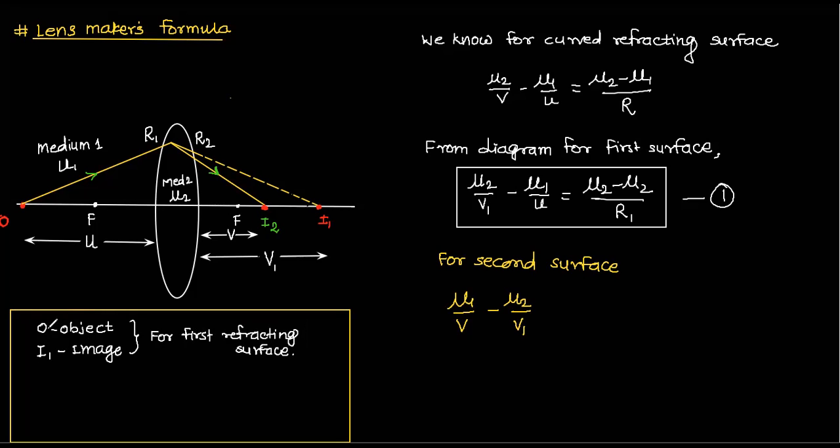Next one, now I1 is object and I2 is image for what? For second refracting surface.